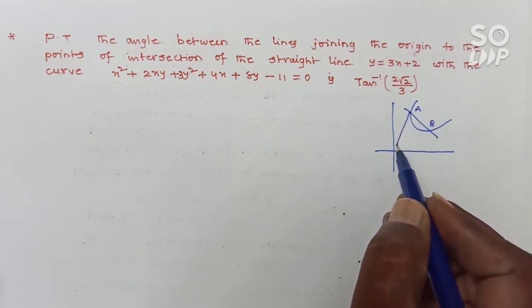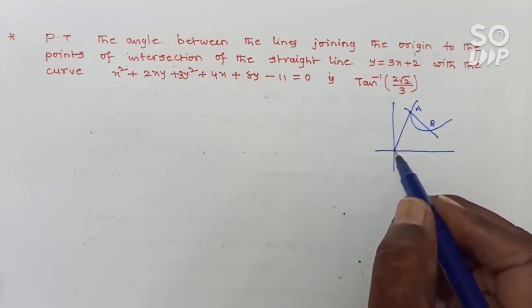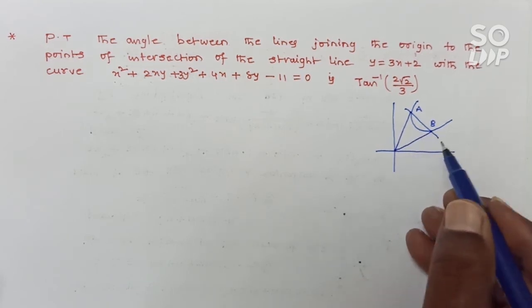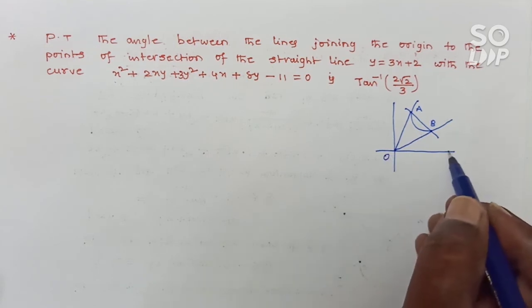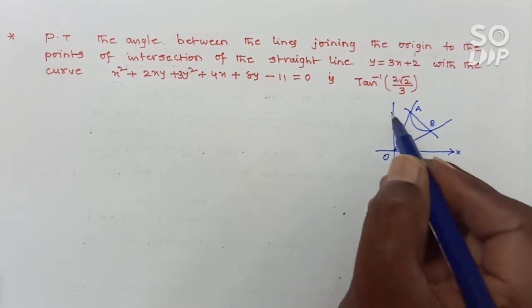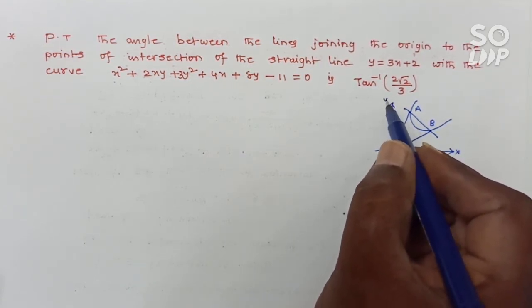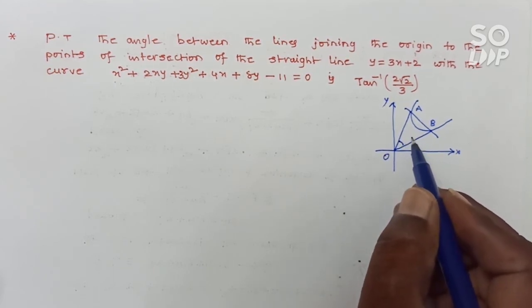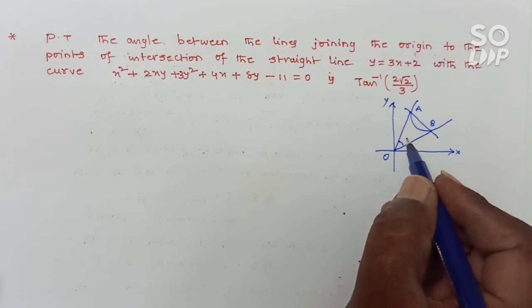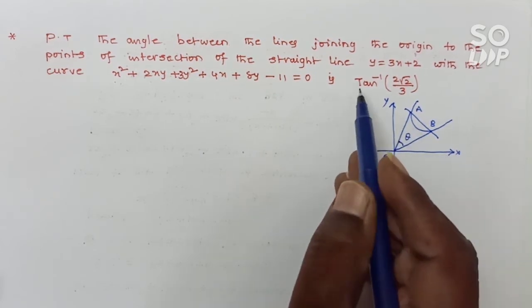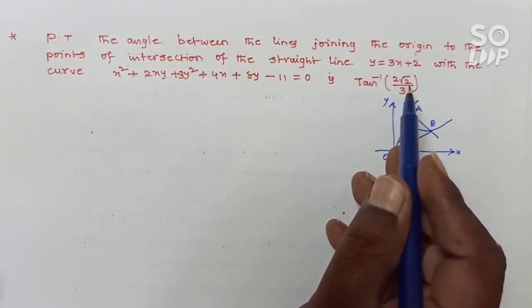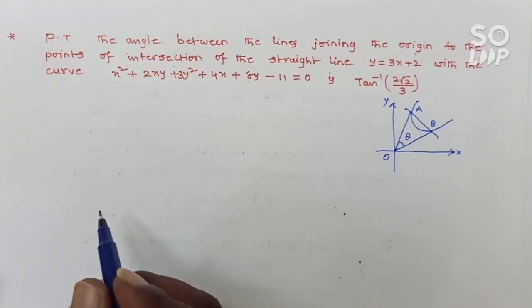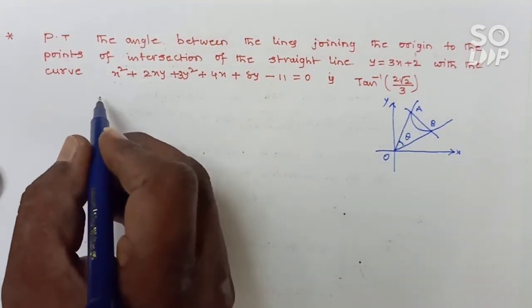By joining the points of intersection with the origin, we have to prove that the angle between OA and OB is theta is equal to tan inverse of 2 root 2 by 3. So how can we prove this one?